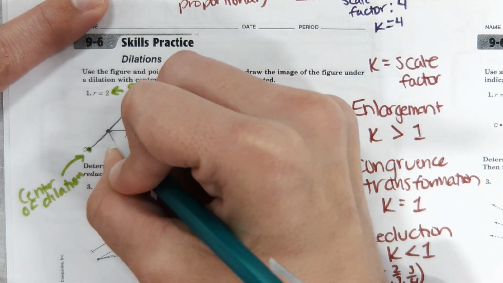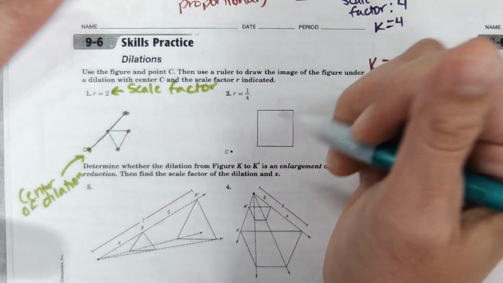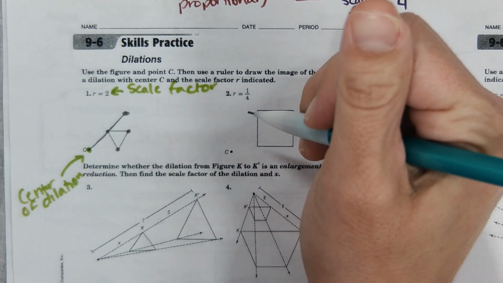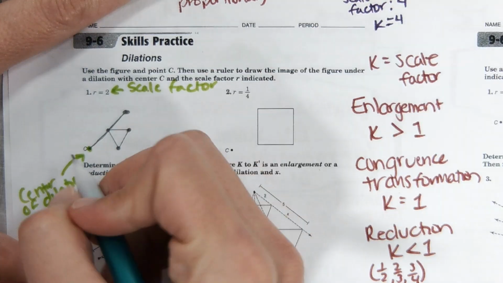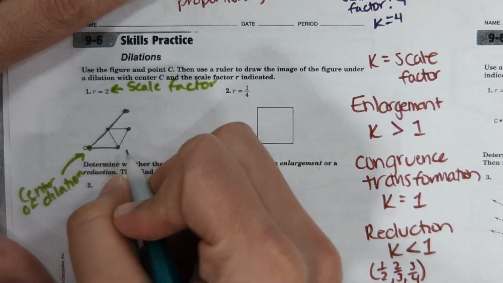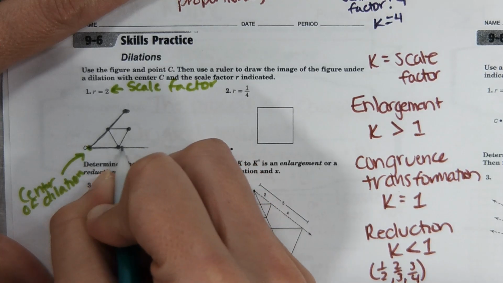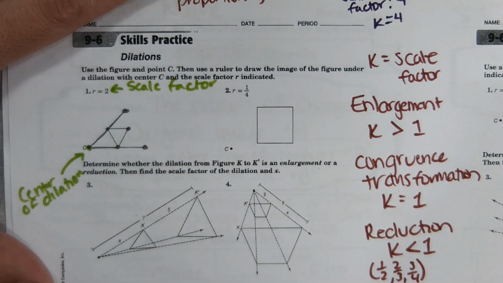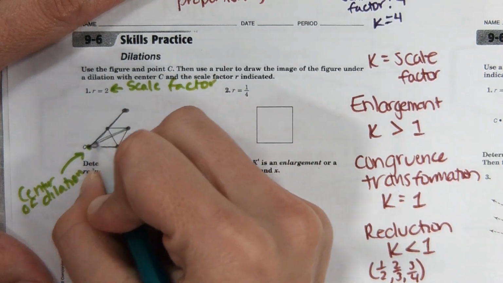So I'm just drawing another segment of the same length and putting a new point. And then this length right here will double to get that point there. And then this length will double.